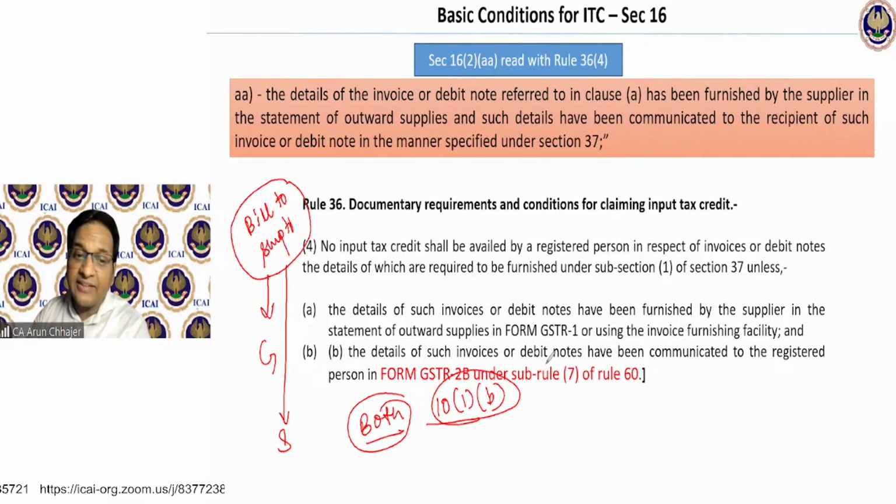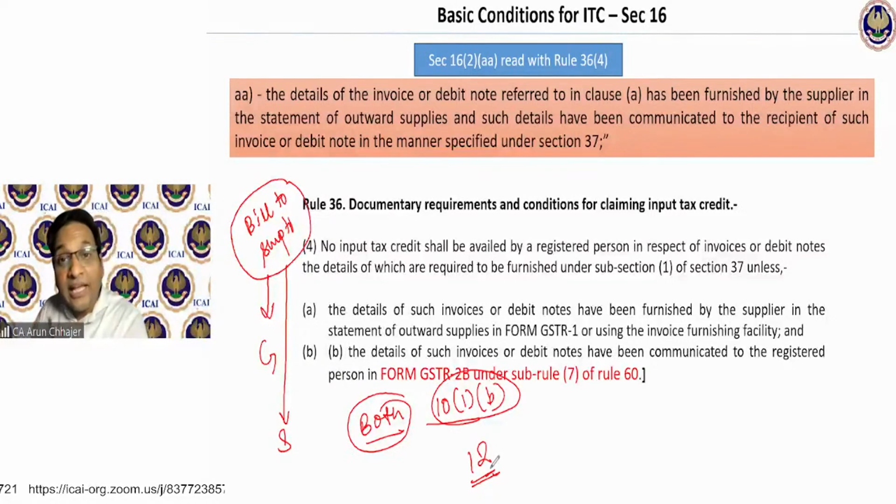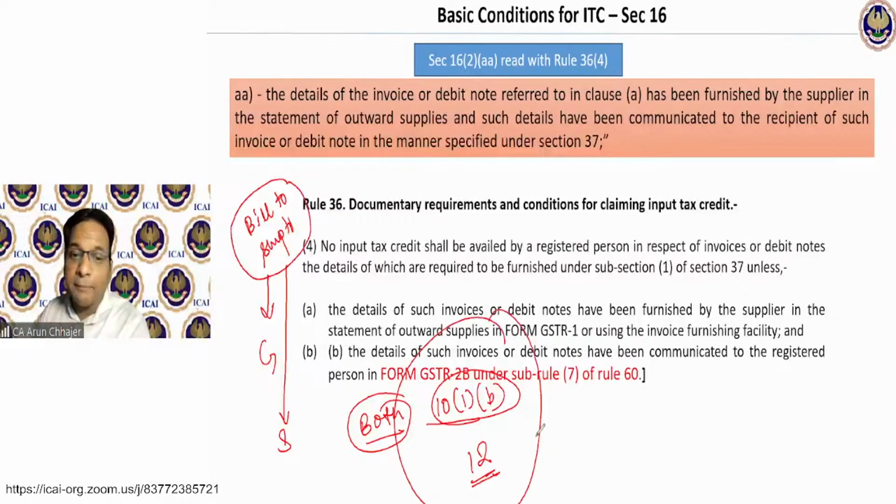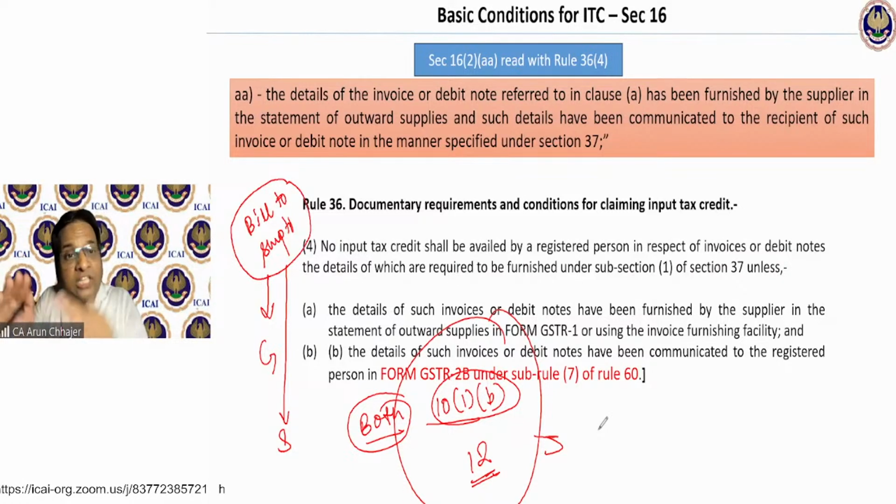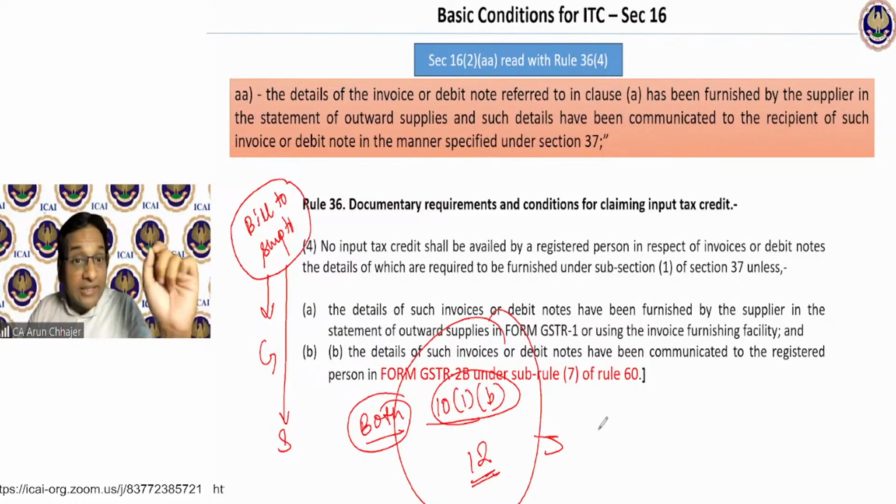But very interestingly, in section 12, you will not find any direct provision for bill to ship to model of services. So prima facie, students may think bill to ship to model is not possible for services. It is possible.